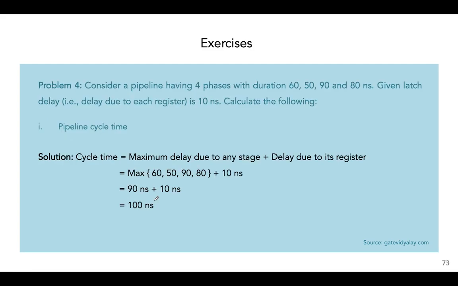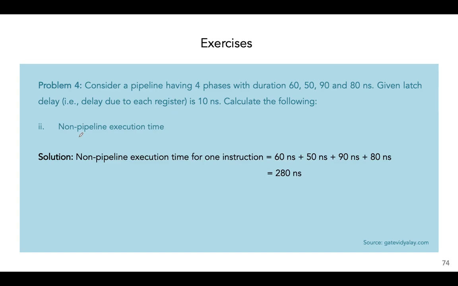Pipeline cycle time, you know this already, so you have to add the maximum delay of any of these stages, which is 90, with the delay of the registers. So 90 plus 10, this is your cycle time in case of pipelining. Cycle time in case of non-pipelining, otherwise known as execution time, simply add 60 plus 50 plus 90 plus 80, which gives you 280. We did this previously, right, in the previous problem.